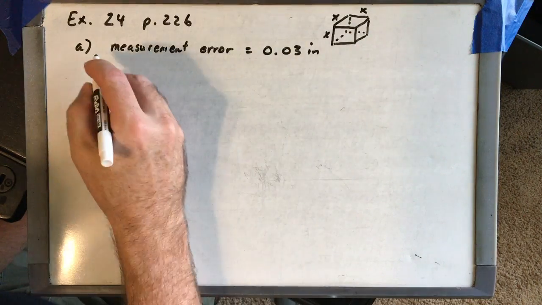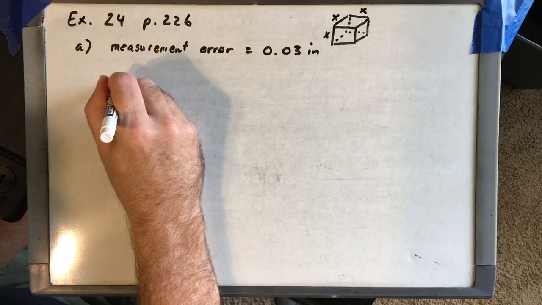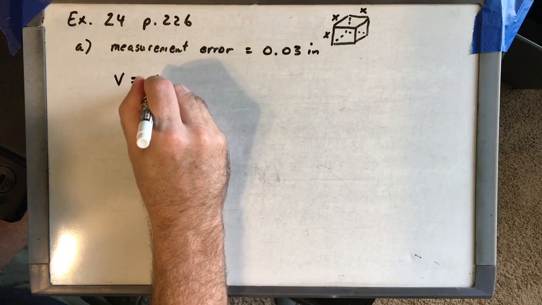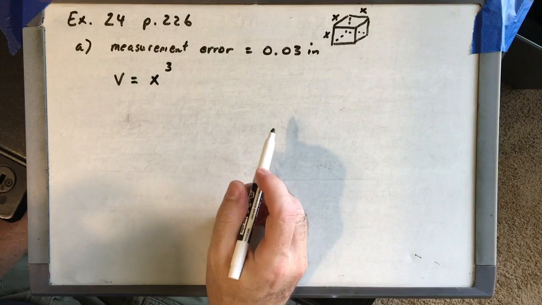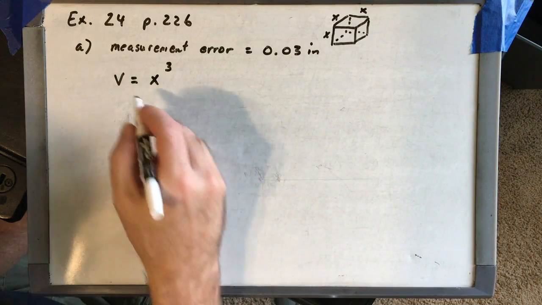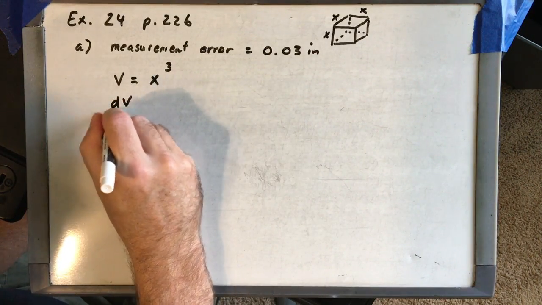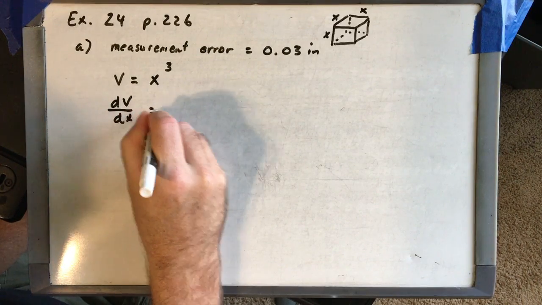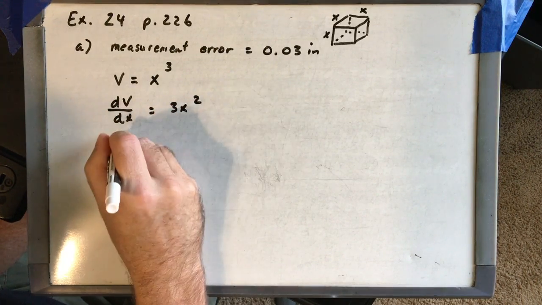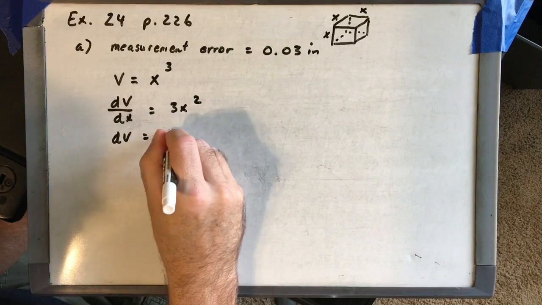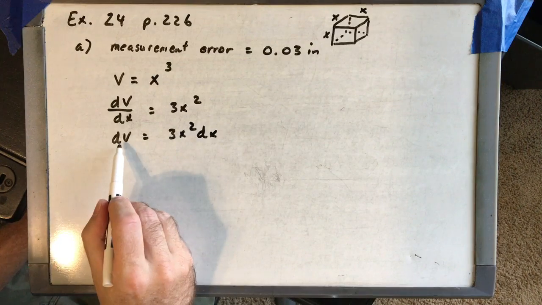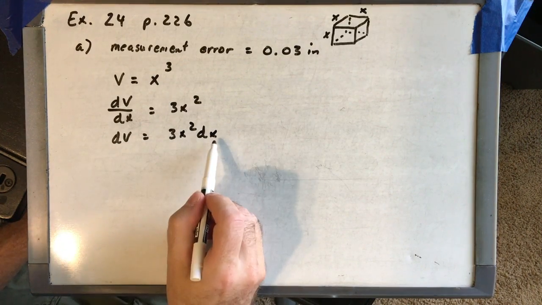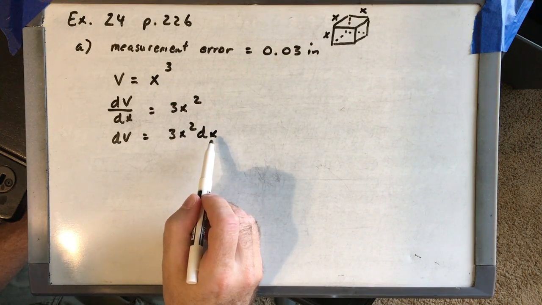Okay, so first you have to get an equation for volume. We know that volume is equal to x cubed, since we gave length times width times height. All right, we need to take a derivative. dV/dx is equal to 3x squared. So dV is equal to 3x squared dx. So dV is our propagated error, dx is measurement error.